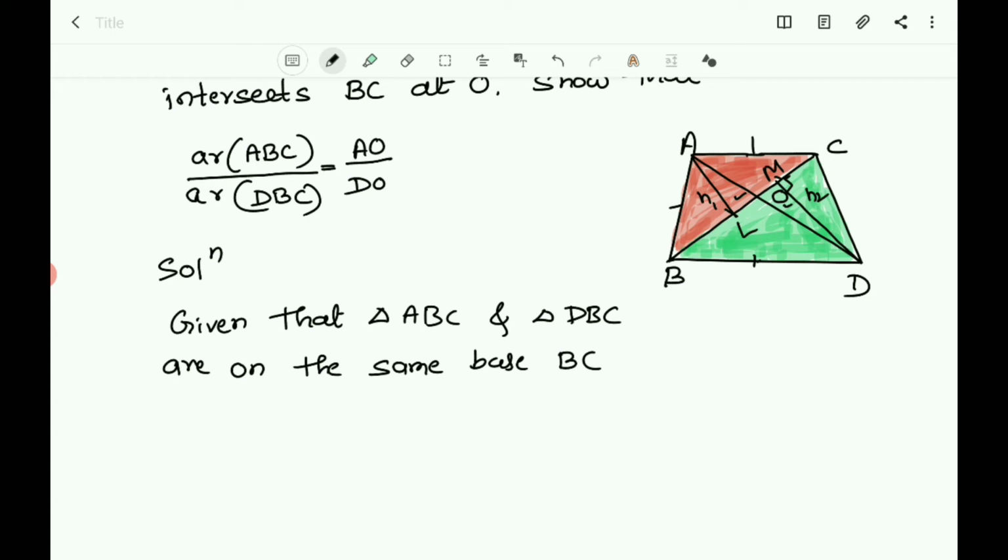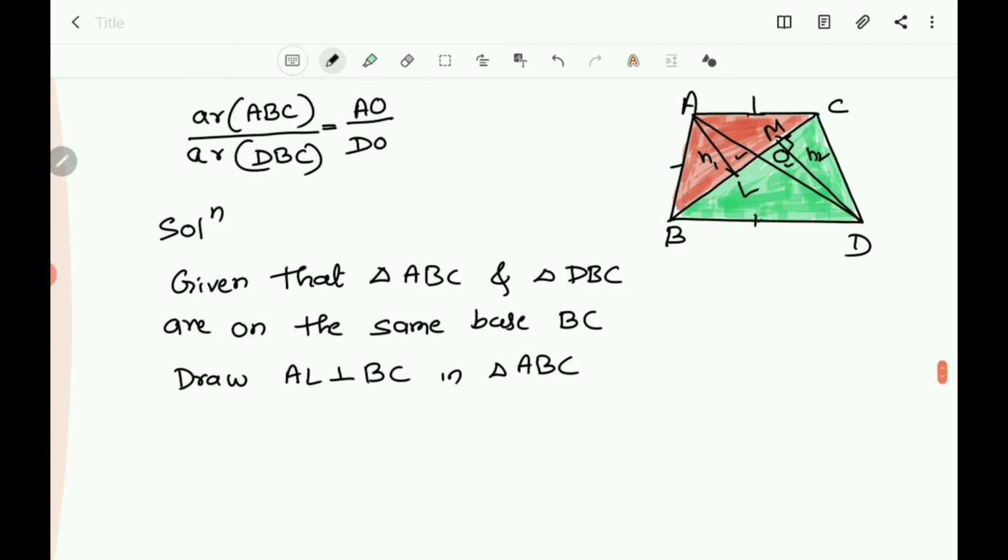To get the area of triangle ABC and area of triangle BDC, you know that altitudes, heights are required. Therefore, you draw AL perpendicular to BC and DM perpendicular to BC from the vertex of the triangle. So you draw AL perpendicular to BC in triangle ABC, and also draw DM perpendicular to BC in triangle DBC.